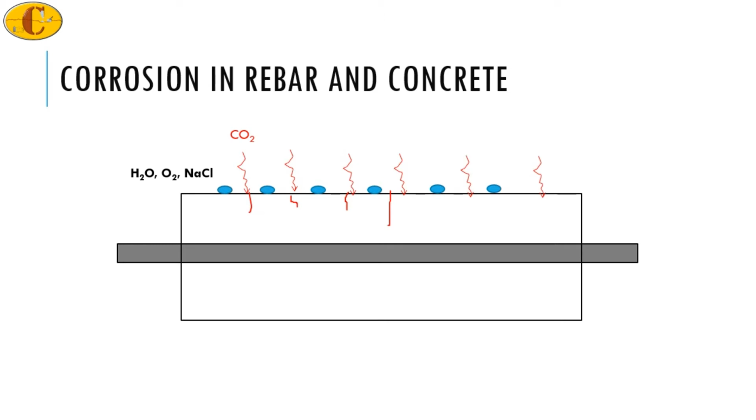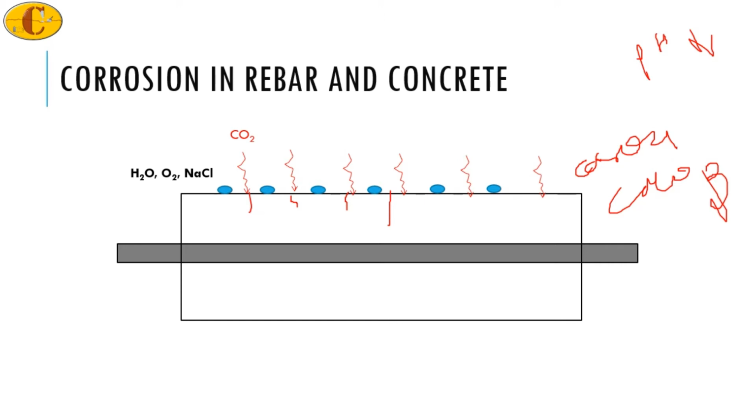Now the issue here is that H2O, O2 and NaCl may not react with concrete chemically, but CO2 will definitely react with it. It reacts with the calcium contents of the concrete and forms calcium carbonate. So the pH is changing to a huge extent. Rather, the pH value is reducing, so it is becoming more acidic.